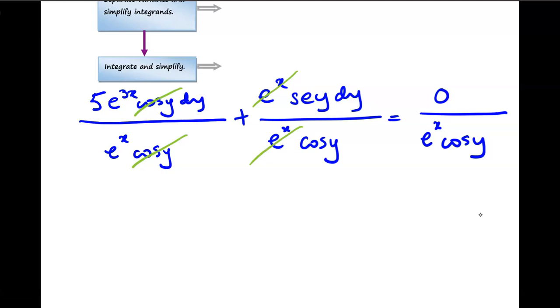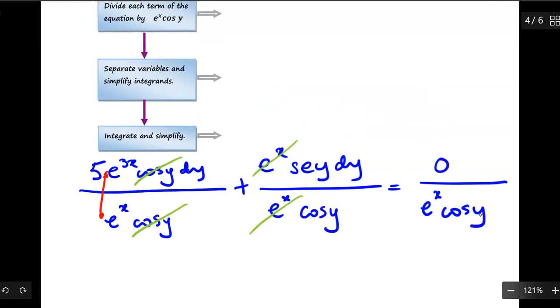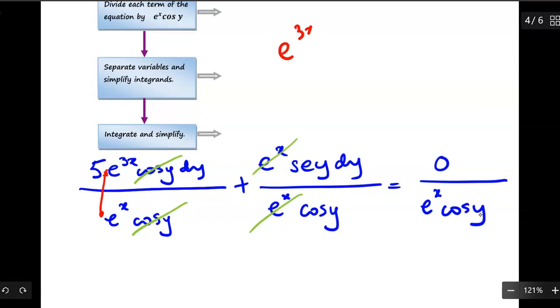And I can simplify this and this. So I can write it here, e to the 3x divided by e to the exponent x will be e to the 3x subtract x. So you have the same base, so then it will turn into e to the exponent 2x.